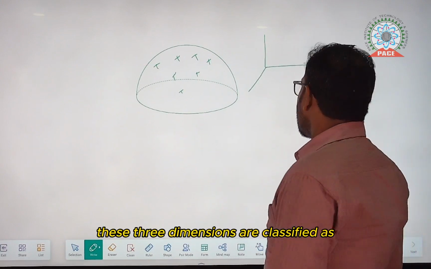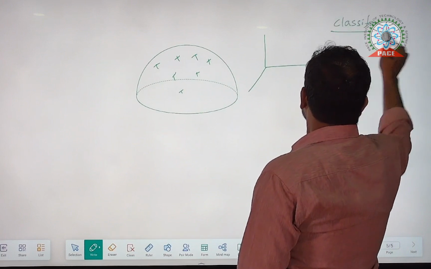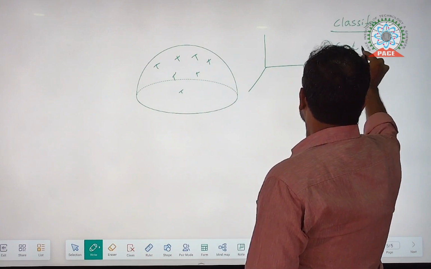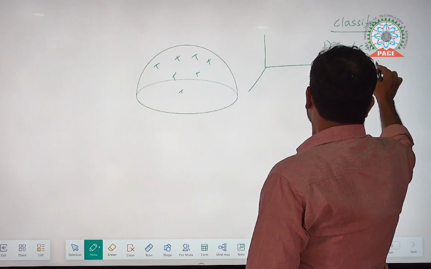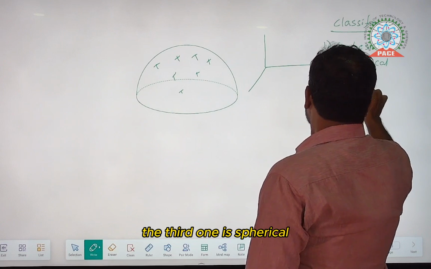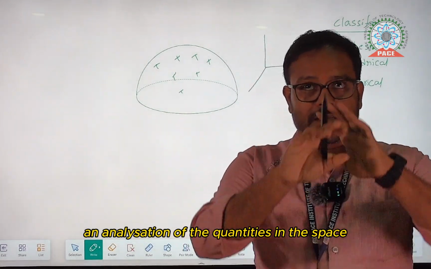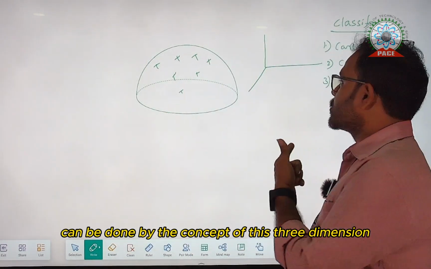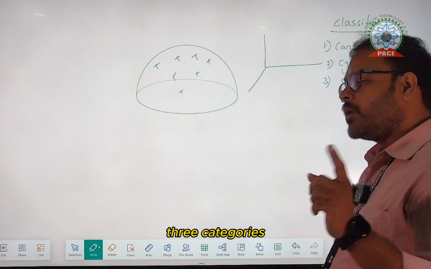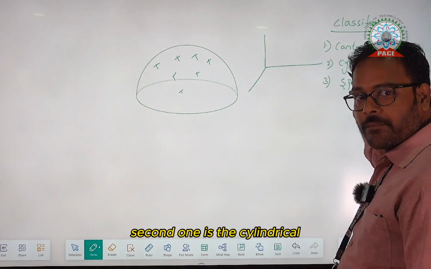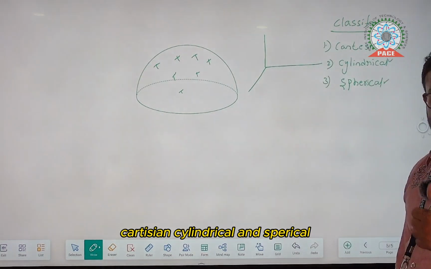These three dimensions are classified as one, Cartesian, the second one, cylindrical, and the third one, spherical. Analysis of the quantities in space can be done by the concept of these three dimensions. This is classified into three categories: Cartesian, cylindrical, and spherical.